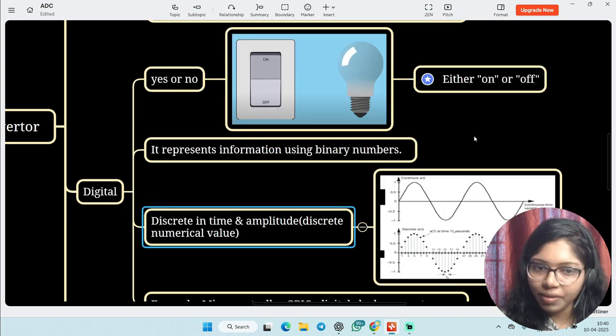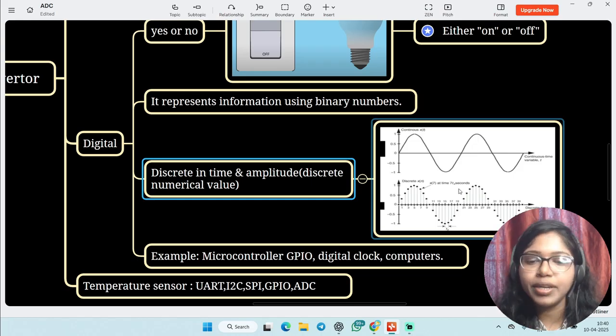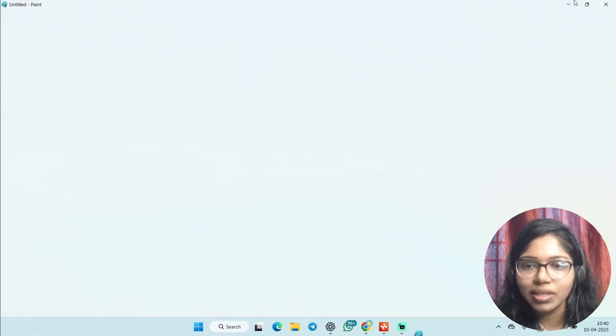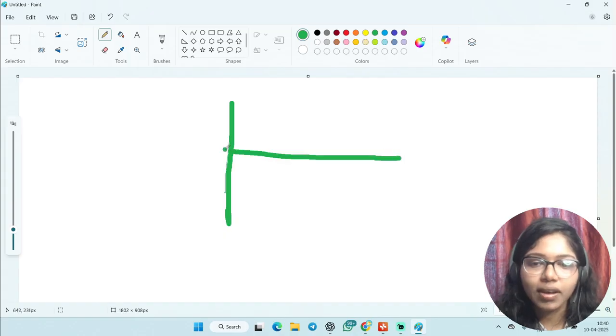And what is the difference between analog and digital? Analog means it is going to be continuous in time. Here I'm showing you the thing. Assume one analog data. This is my data, whatever data you can assume.